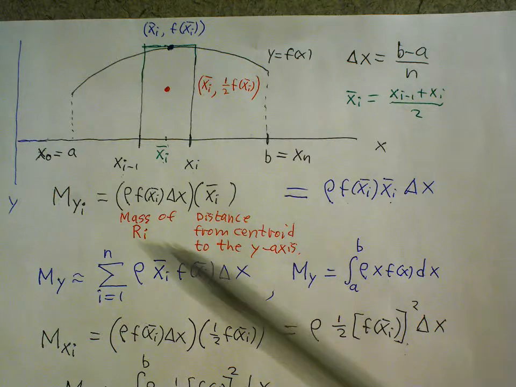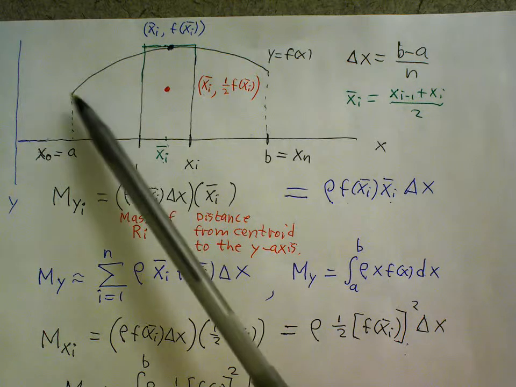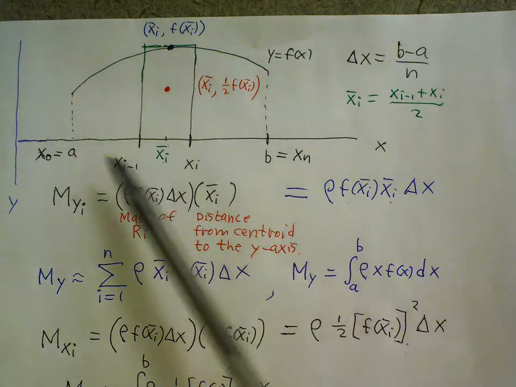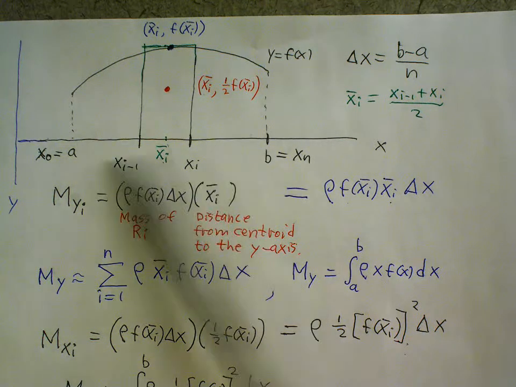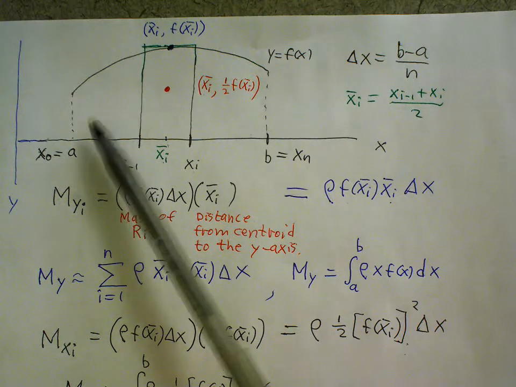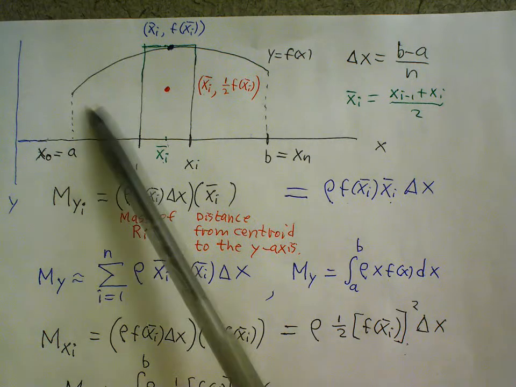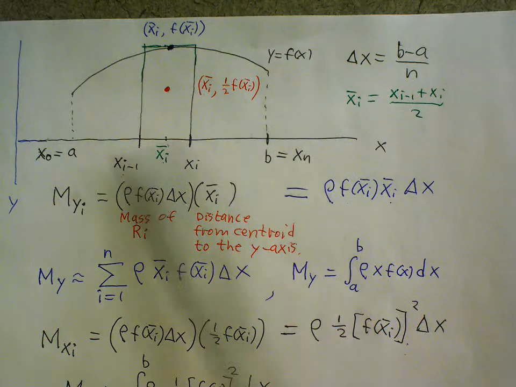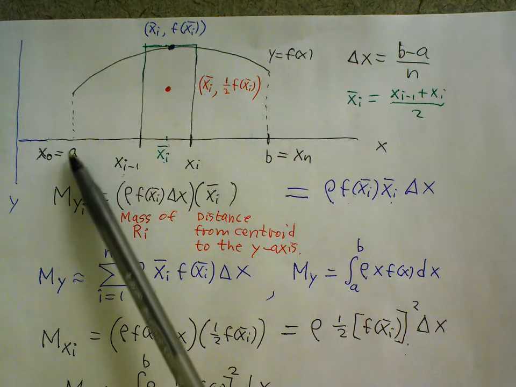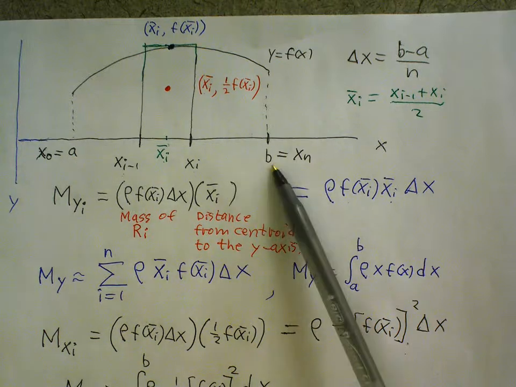In this setting, we have a continuous function, y equals f of x, that is above the x-axis. The region defined is the area below the graph of y equals f of x, above the x-axis, and between the vertical lines x equals a and x equals b.